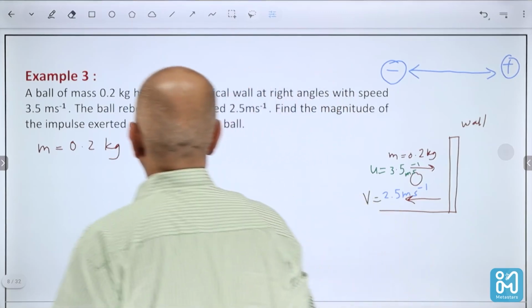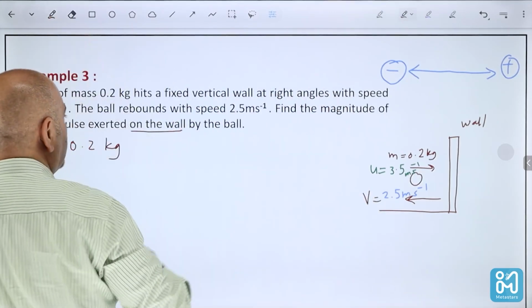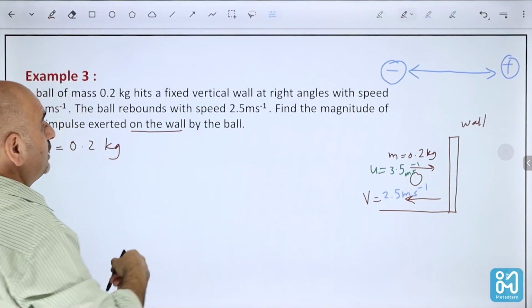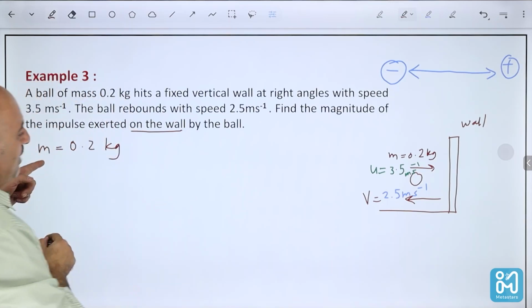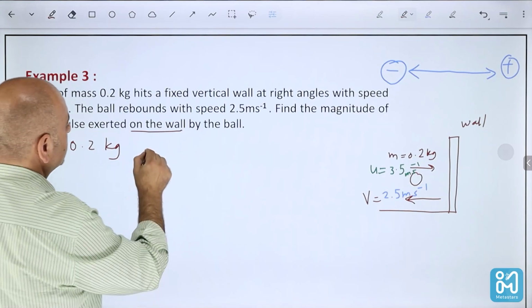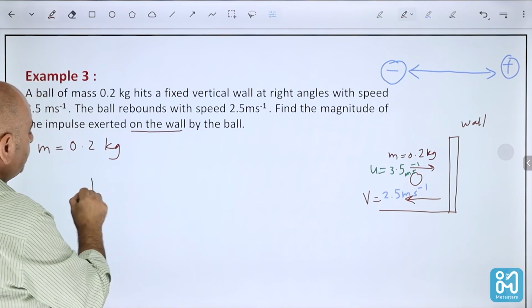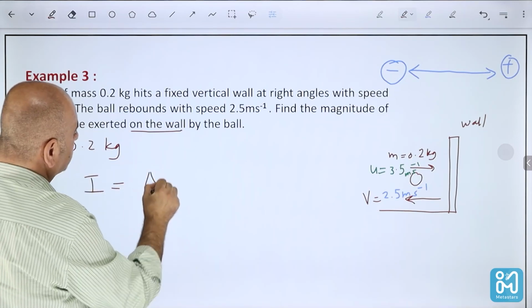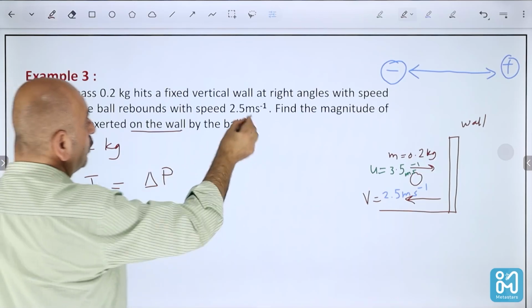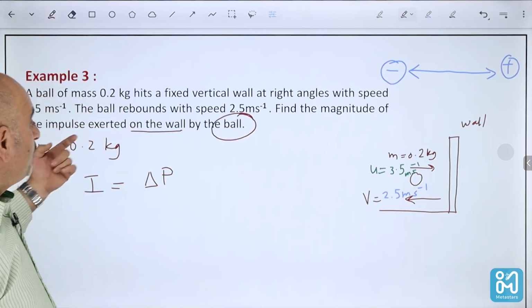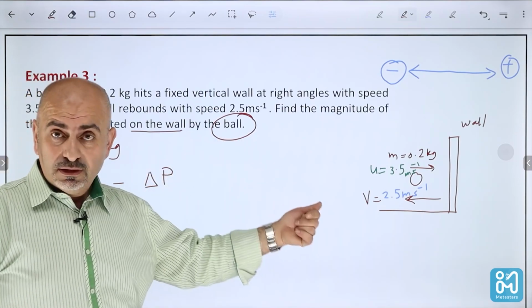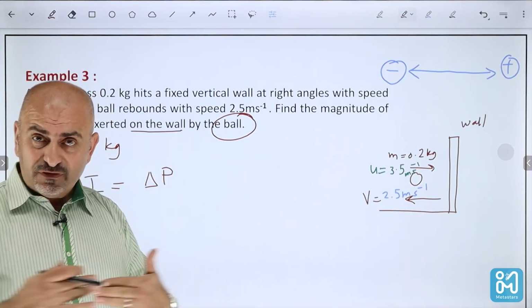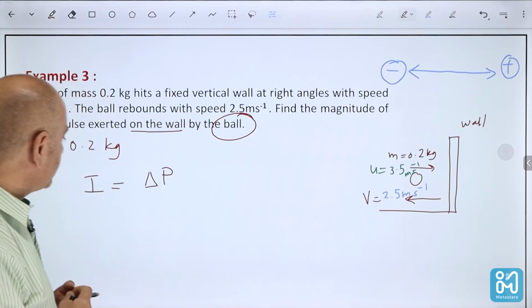All right, so they want us to calculate the impulse on the wall, so I'm going to calculate the impulse on the ball. It's the same thing. First of all, this is the mass of the ball. Impulse equals the change in momentum, and I'm doing it for the ball. They asked for the impulse on the wall, but it's equal to the impulse on the ball; both have the same magnitude of impulse but in opposite directions.